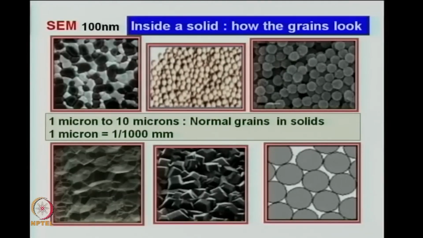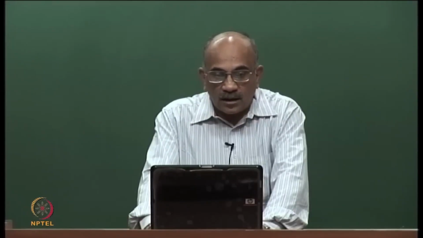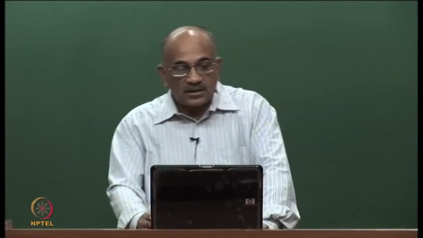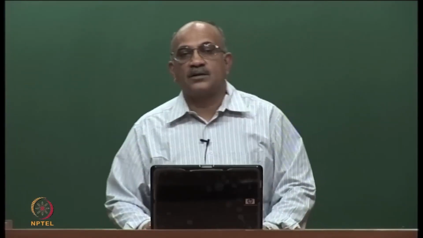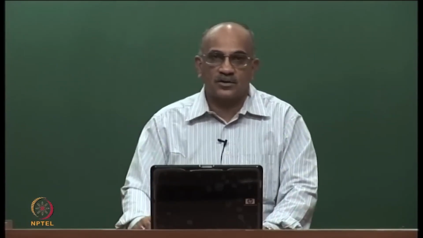This is the normal size of grains in any solid which we find around us. However, as you know, our eyes cannot see these small grains, so we have to use what is called an SEM, a scanning electron microscope, which gives a scanning electron micrograph.